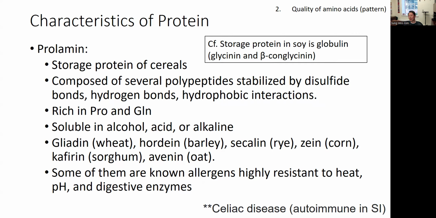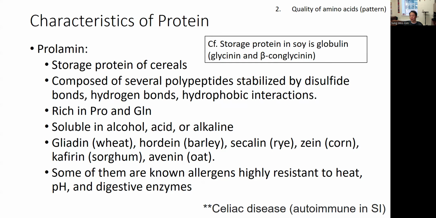A polypeptide is a sequence of many amino acids. When there is one polypeptide and another polypeptide, and each of them contains methionine or cysteine, which include sulfur, they can be connected to each other, making disulfide bonds.